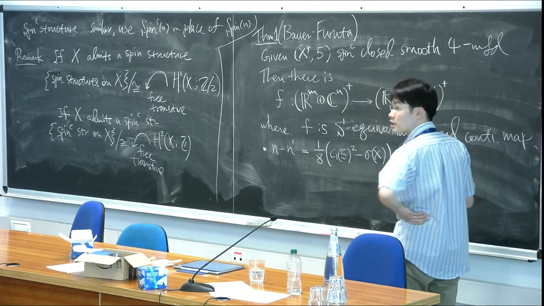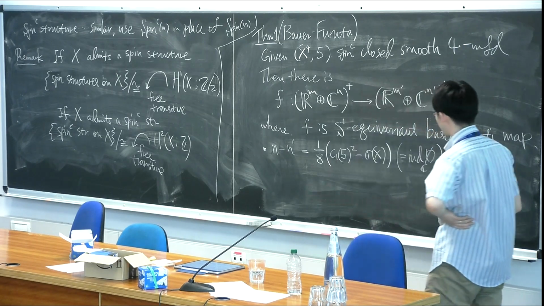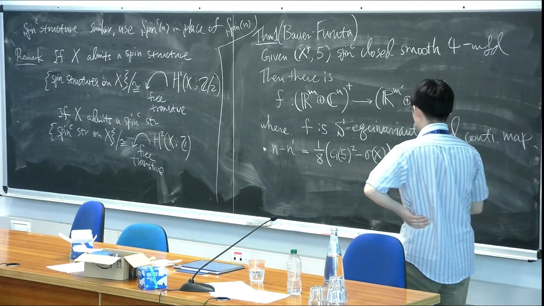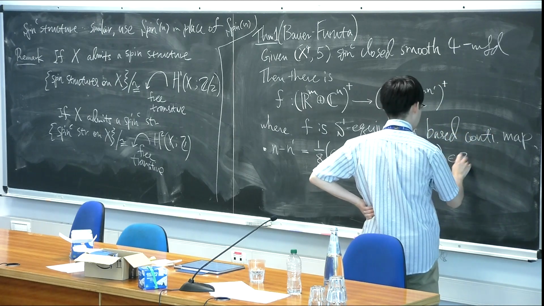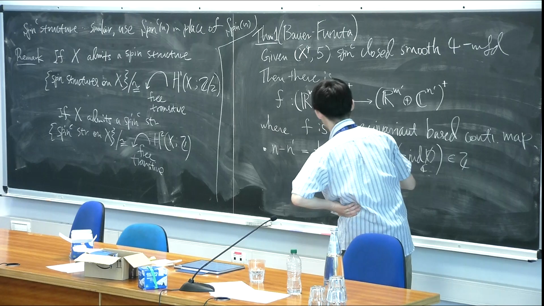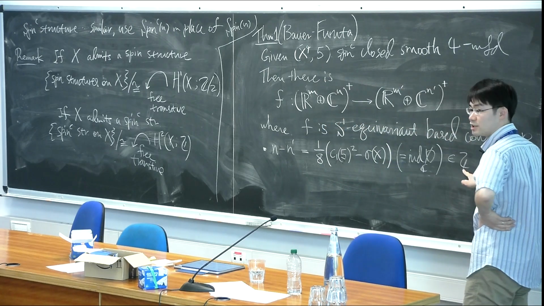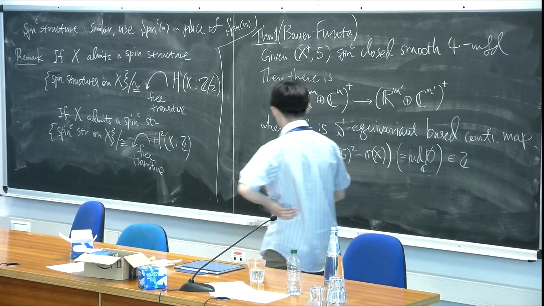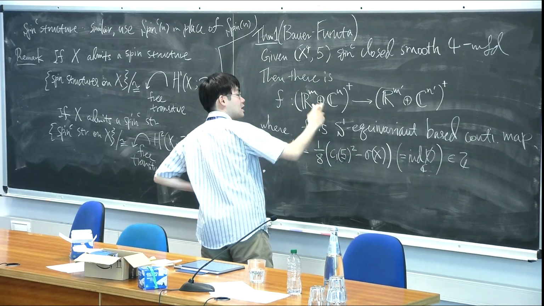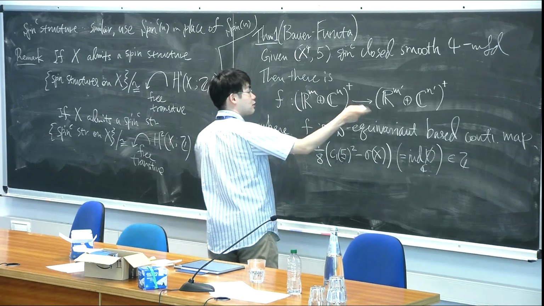If time permits, I will explain, but so far you don't have to know about this. But anyway, something non-trivial is that this is an integer. Of course, this formula is divided by 8, so it's non-trivial, but it turns out to be an integer thanks to the index theorem.